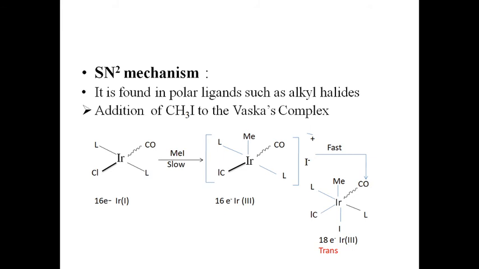After the methyl ion is added, this complex has a 16 electron count, and iridium is in third oxidation state, meaning iridium 1 is oxidized to iridium 3.